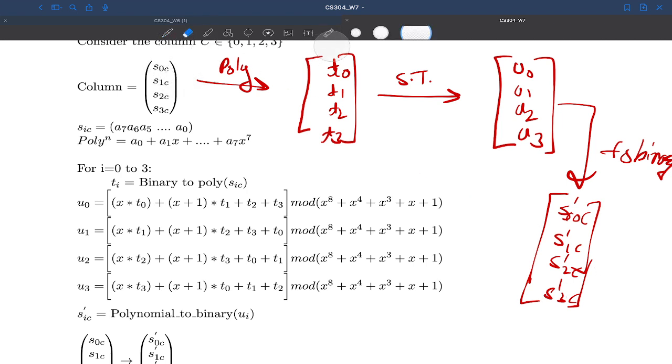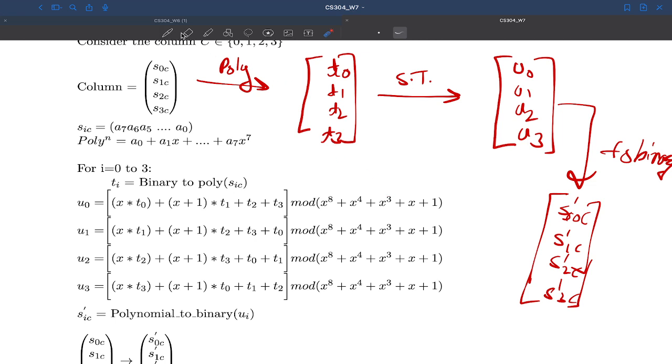So from this to this we have to get this, and from this we did these operations. Similarly, the same kind of operation we do for the other columns. This we did for one column; we transform all other columns the same way and get the output of MixColumns.